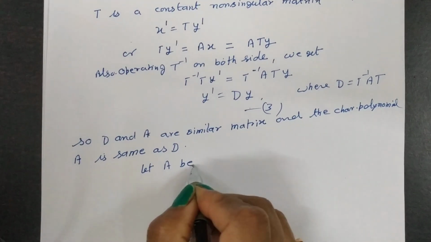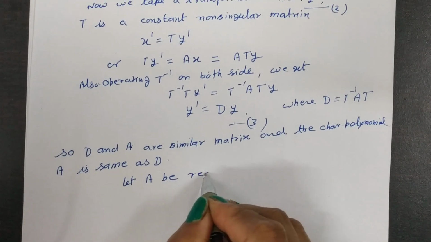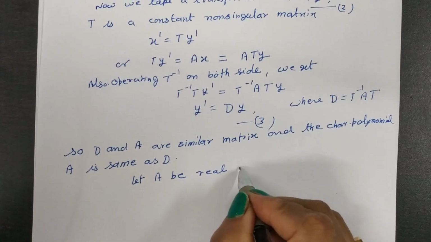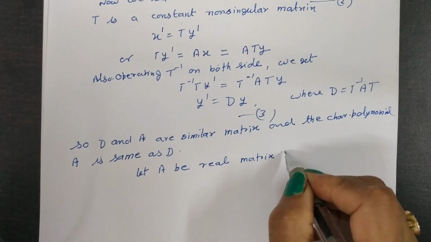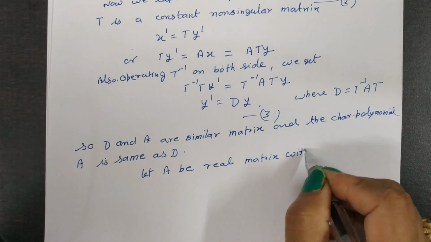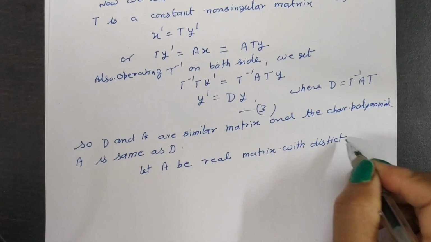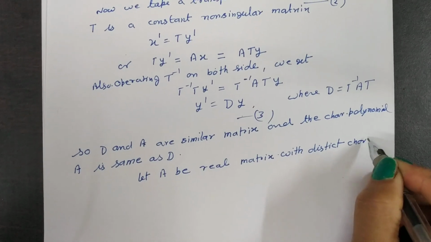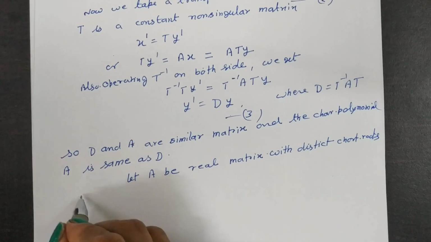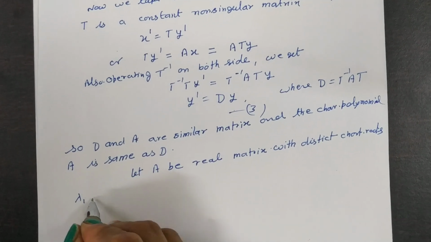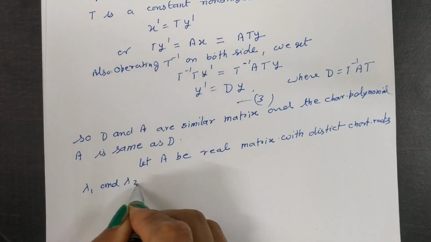Let A be a real matrix with distinct characteristic roots, lambda 1 and lambda 2.